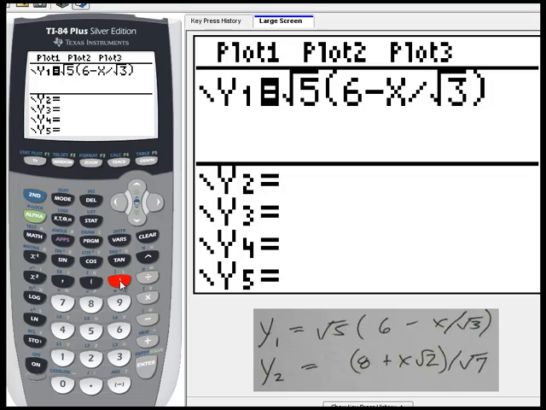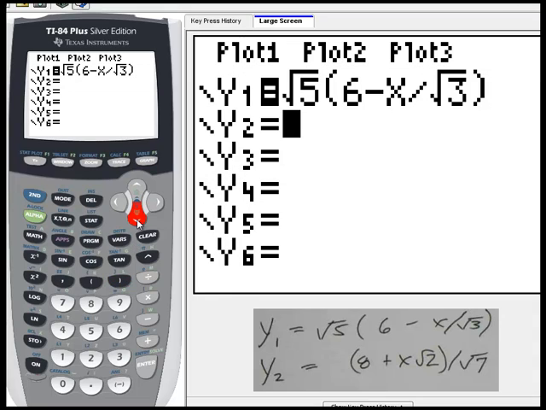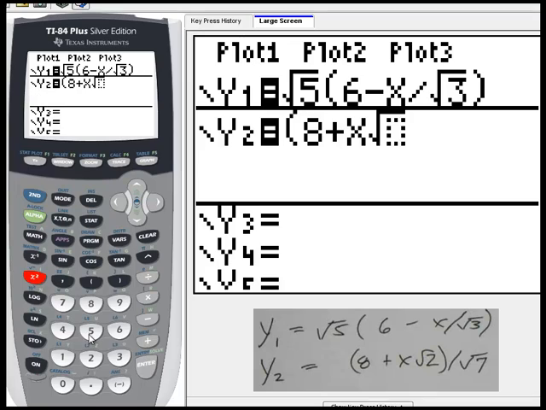Now let's go to y2, for which we have parenthesis 8 plus x second square root of 2, end of radical sign, parenthesis, divided by second square root of 7, end of radical sign.